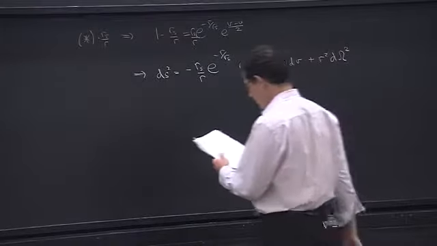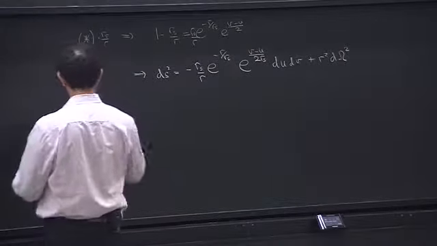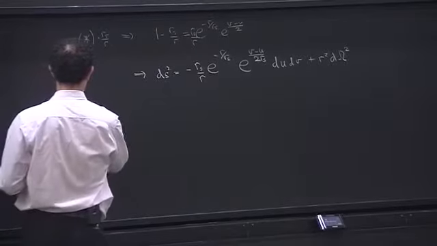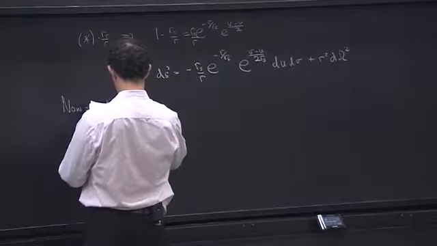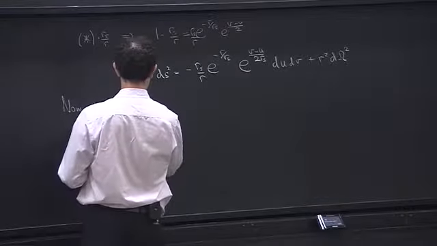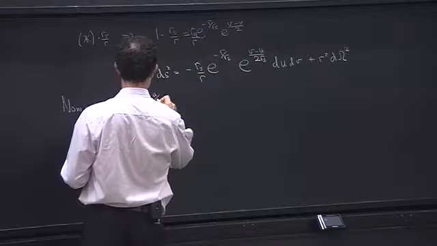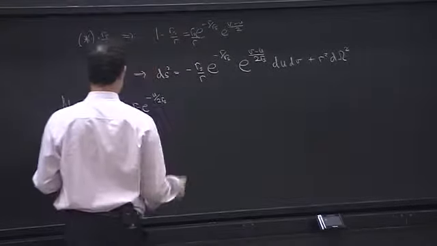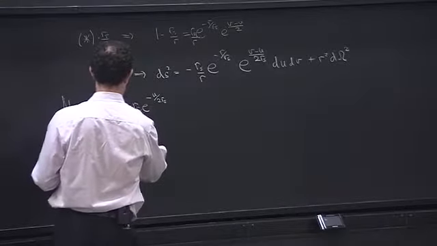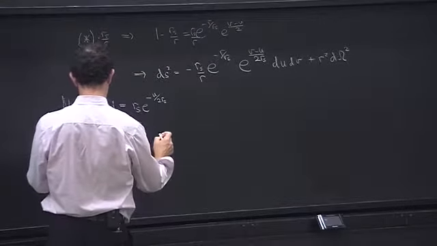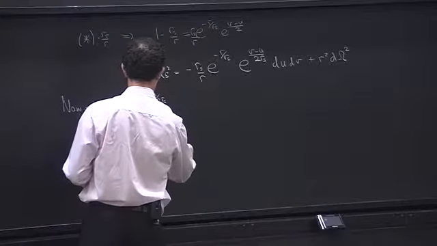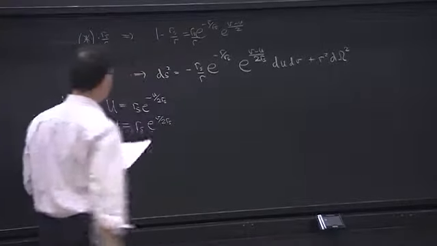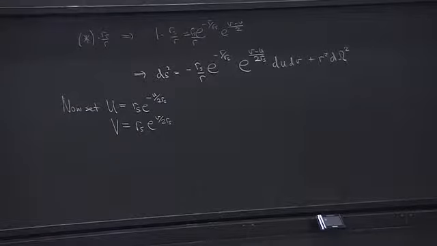And now we do the really tricky part, which is we set capital U equal to Rs e to the minus little u over 2Rs, and capital V equals Rs e to the v over 2Rs. And why is this tricky?